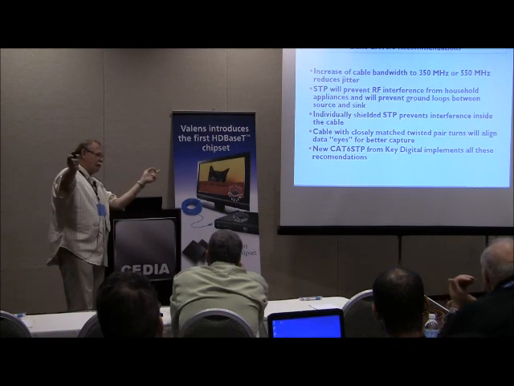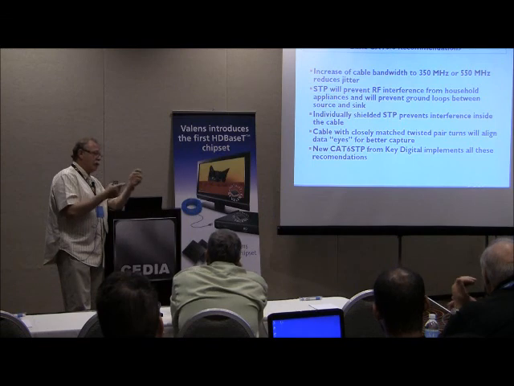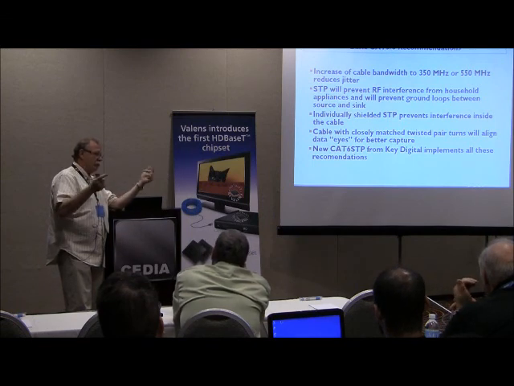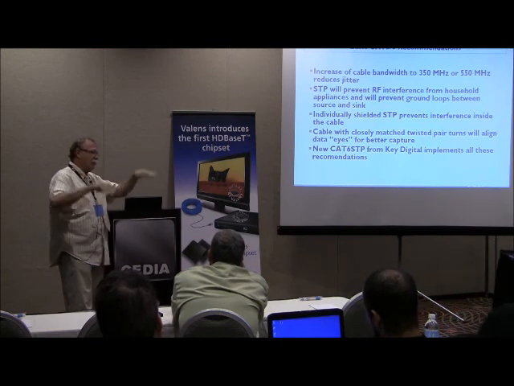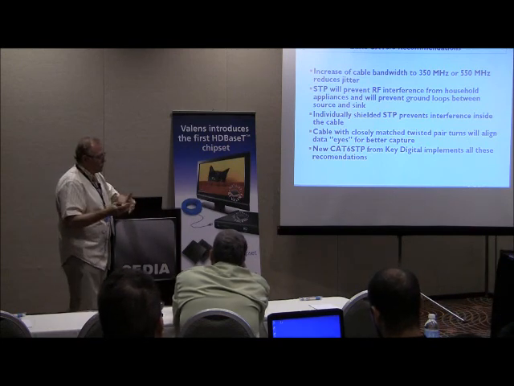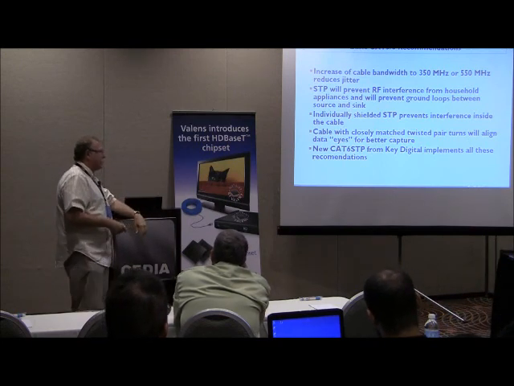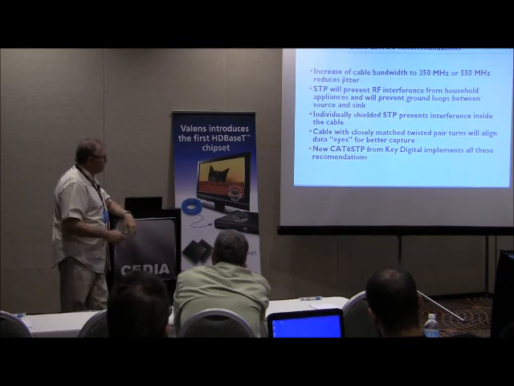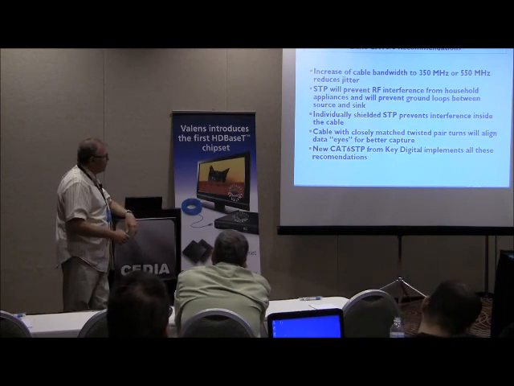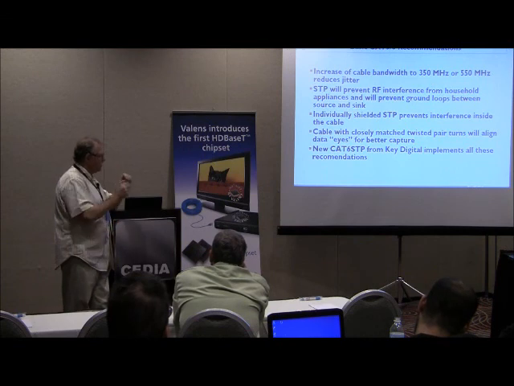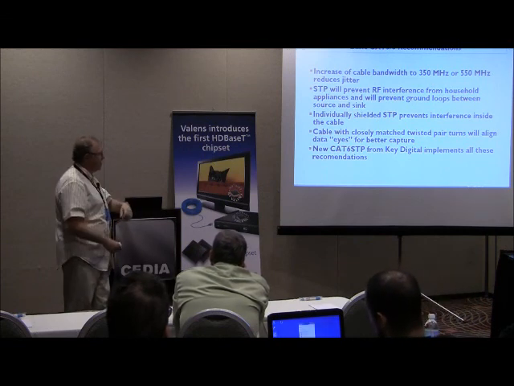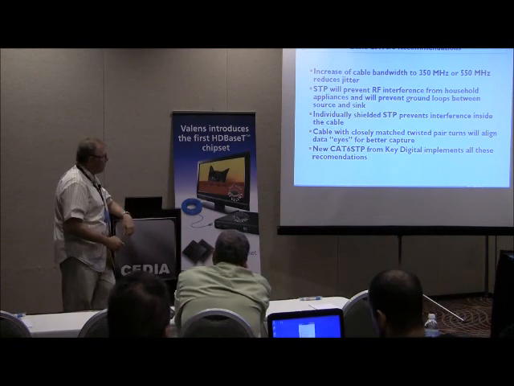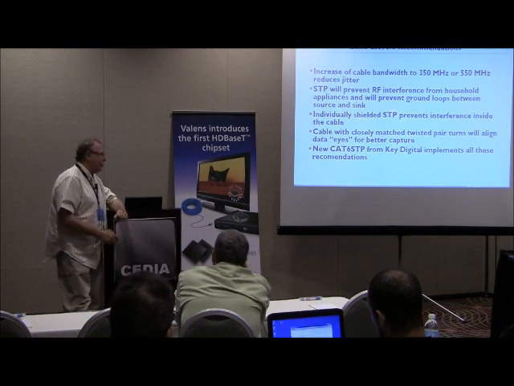Because on long connections, like 300-400 feet, there's a very good chance there are different power loops, different grounds, maybe not connected to the same ground. The ground may be floating, and that floating ground sometimes creates problems in detecting data. So having STP between transmitter and receiver makes the ground unified and makes the system much more robust.